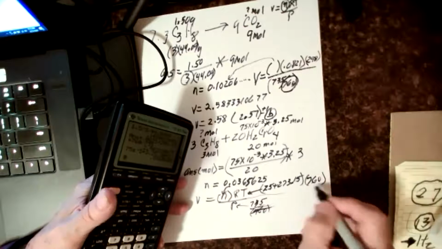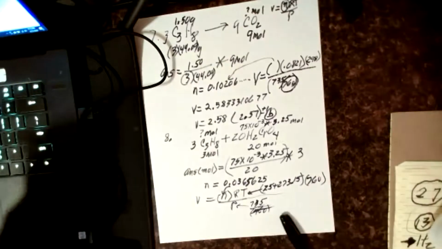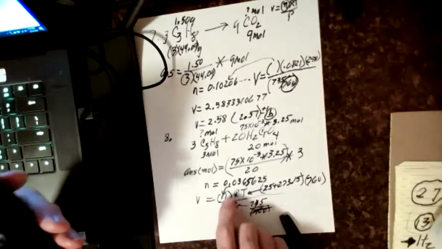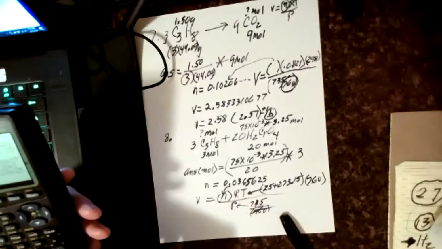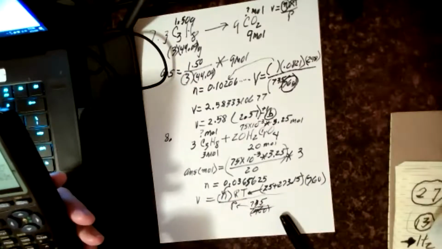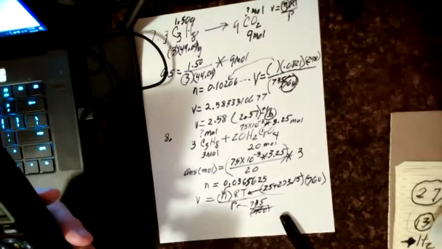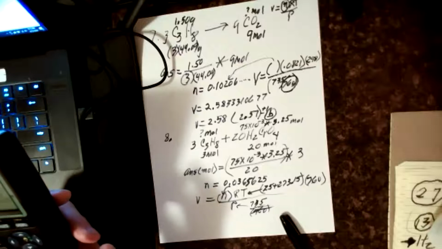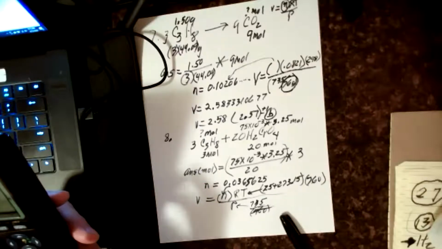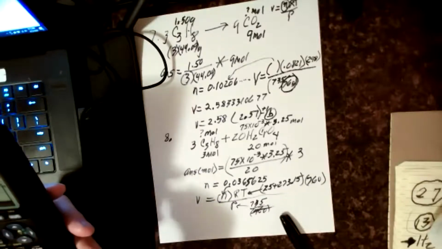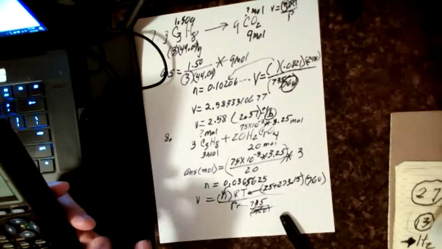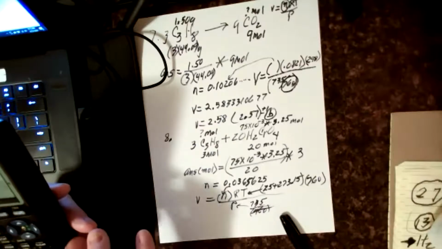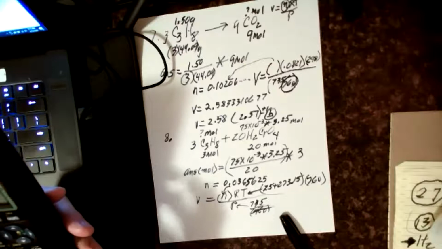Now I've got everything on my screen. So I've got my answer. I'm going to take that and multiply it by R times 0.0821 times 298.15 times 760 divided by 735.